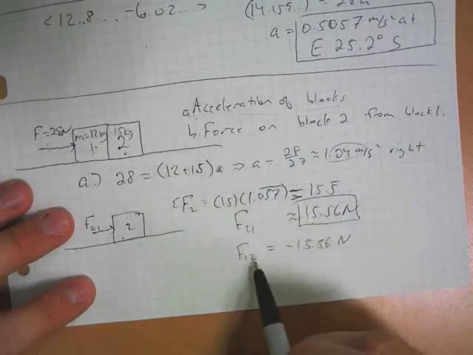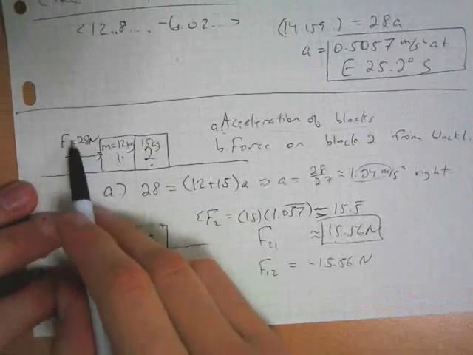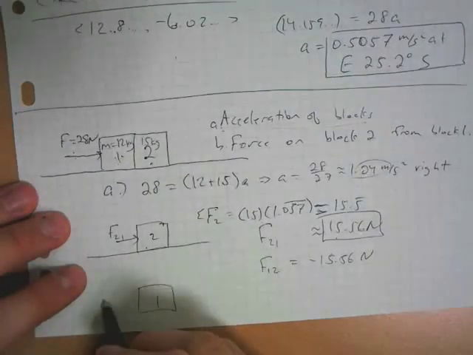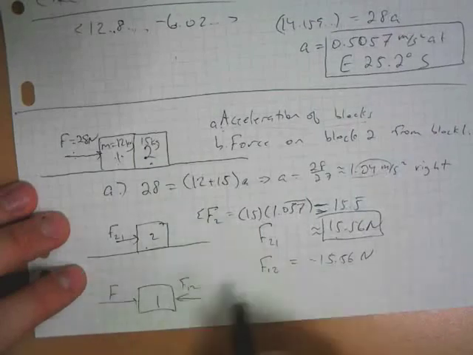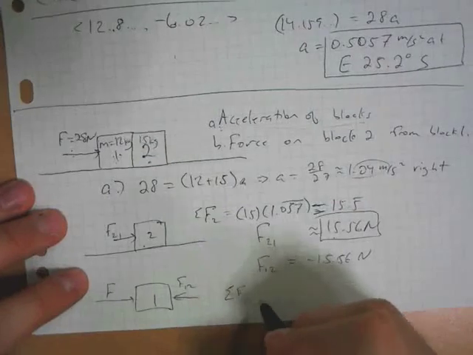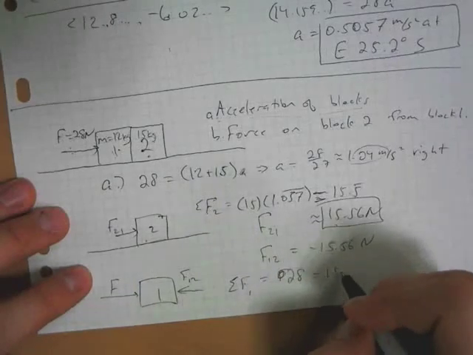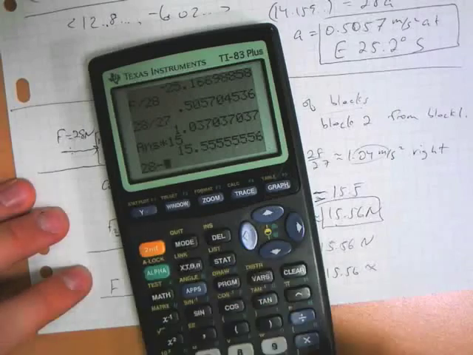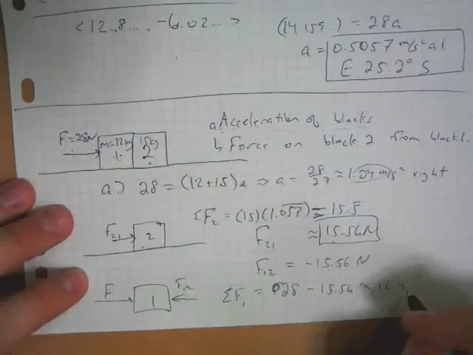Which means that even though there's a pushing force here of 28 newtons, if I consider block 1 now individually, there's that pushing force, and then there's the force on 1 because of 2. The net force on block 1 is going to be that pushing force, which is 28, minus 15.56, which is 12.4 repeating.